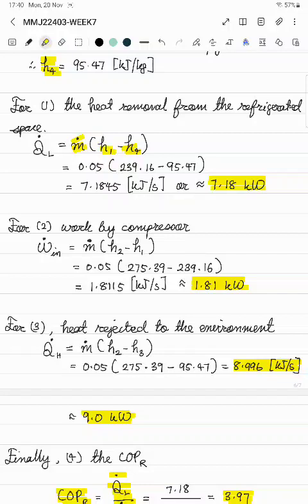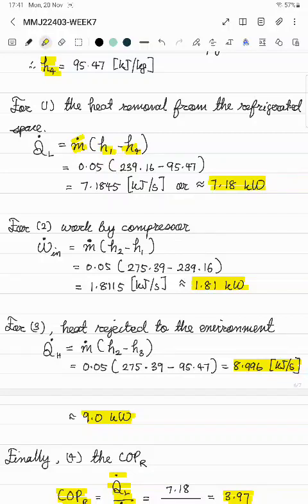And if you calculate the difference between H1 and H4, you will end up with the enthalpy value per kilogram. And that is why we need to multiply it with mass flow rate of 0.05. So if you do the math, you have 7.1845 kilojoule per second, which is also equal to kilowatt value. So you have the value of 7.18 kilowatt there. So that is the rate of heat removal from the refrigerated space.